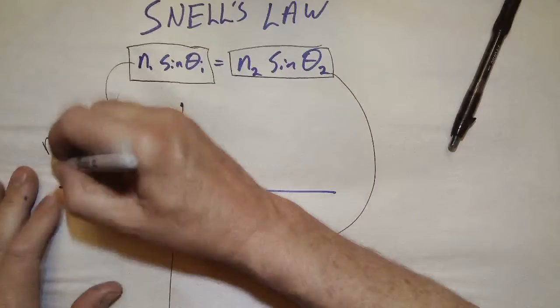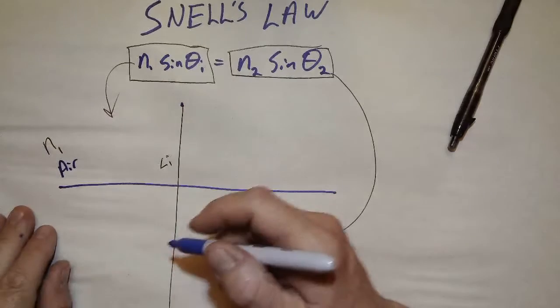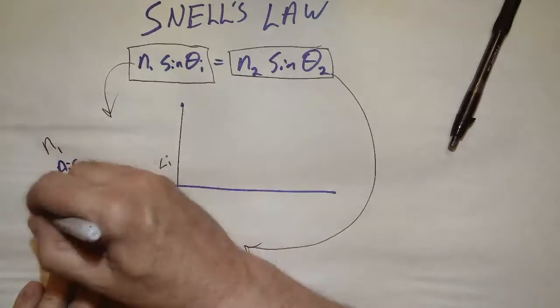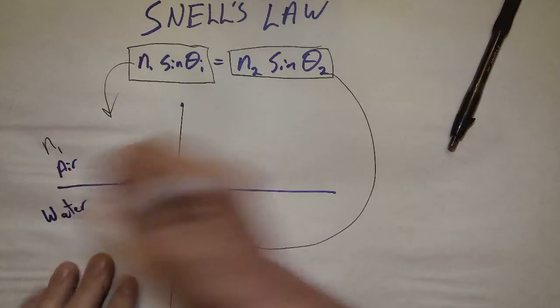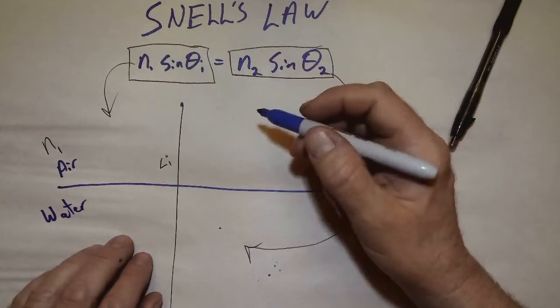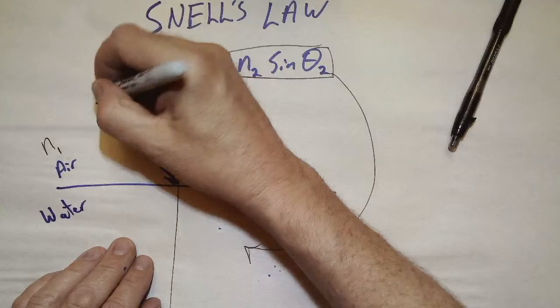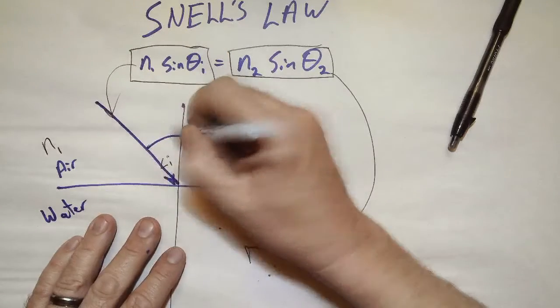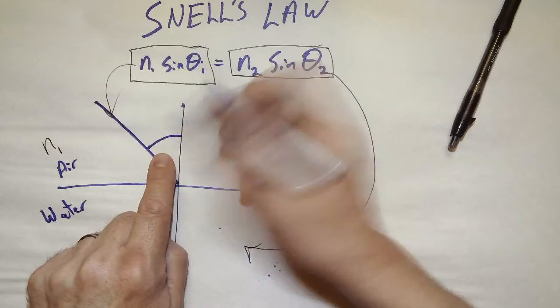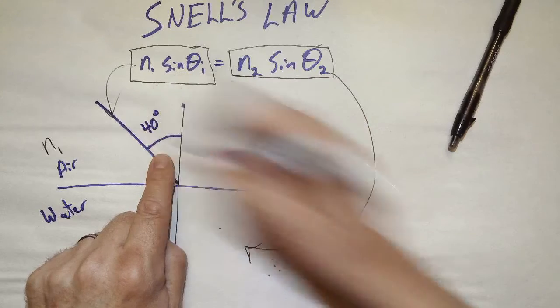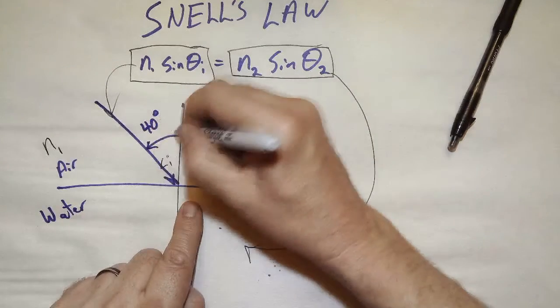All right, so let's do a simple one. We'll do air, and let's do water. We talked about water before. We're going to have a beam of light coming down from air into water at an angle, let's say about 40 degrees with respect to the normal.